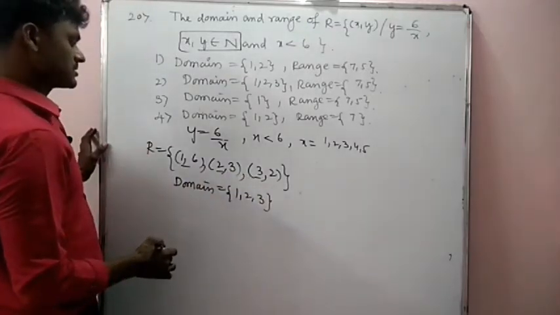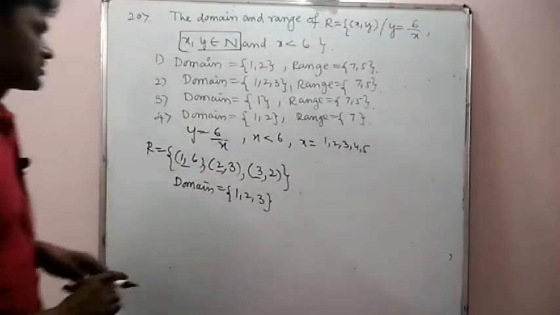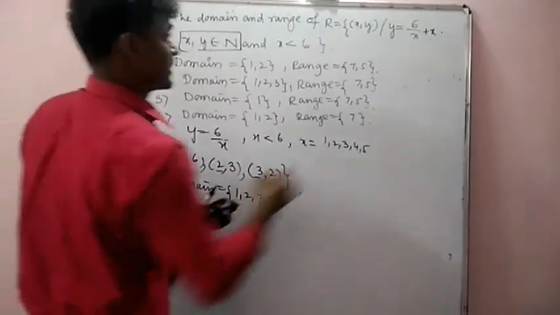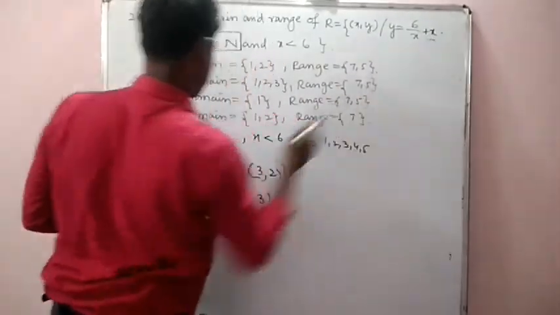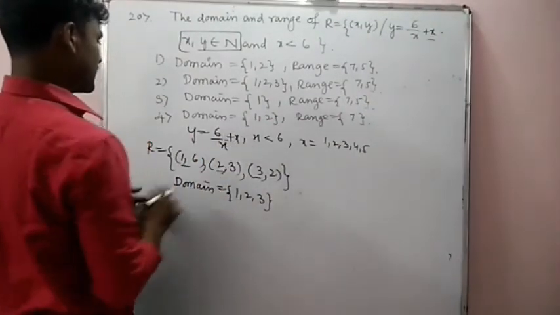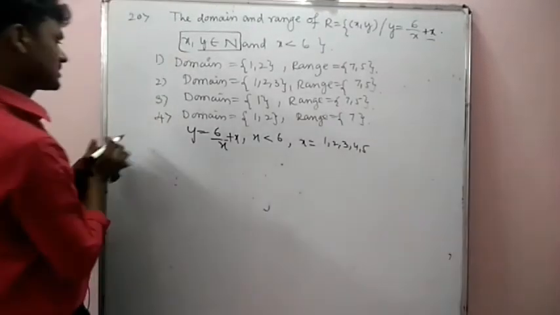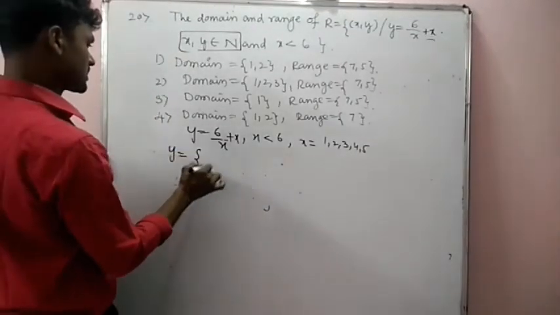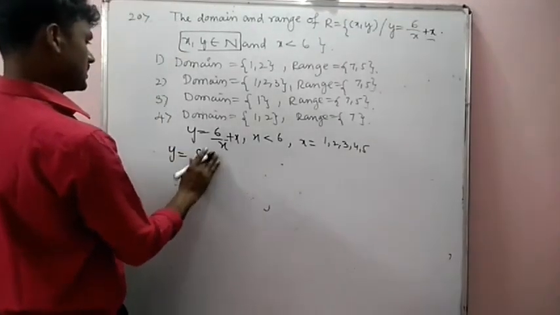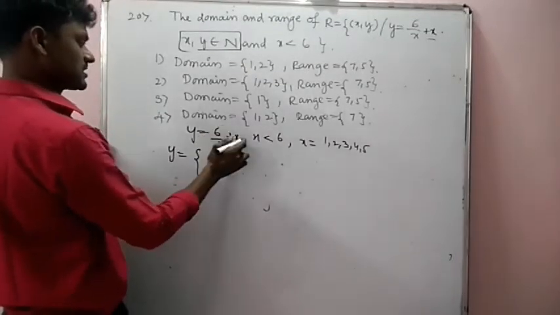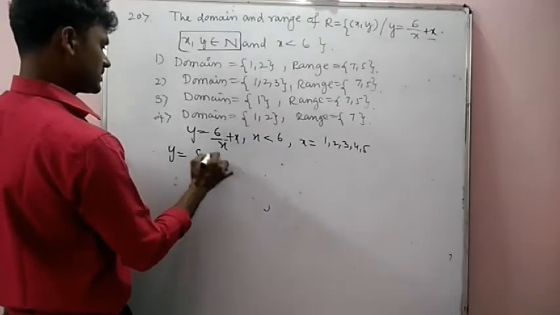Now the range. Sorry, the problem is that some x is also missing, so now we have to add x. We substitute: x = 1 gives y = 6, so 6 plus 1 is 7, pair (1, 7).